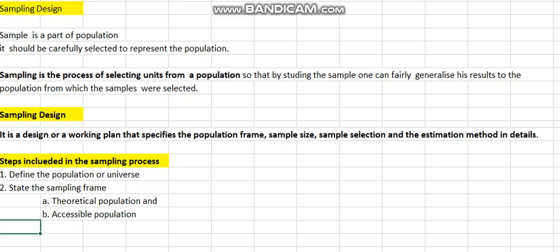For example, if a researcher wants to study the urban homeless males between the age of 30 and 50 in India, this is our theoretical population.